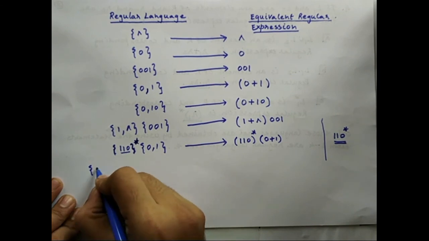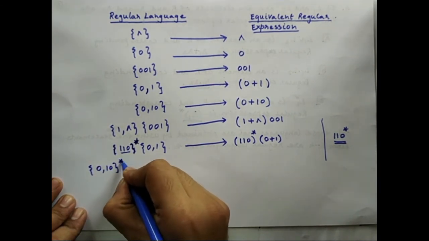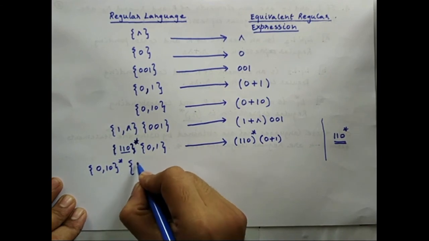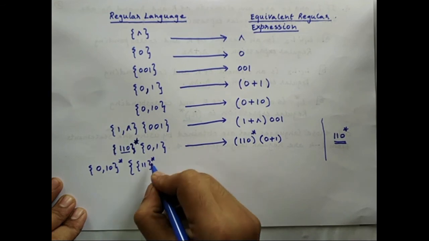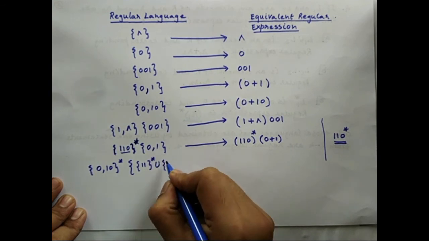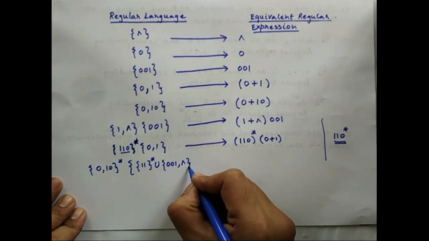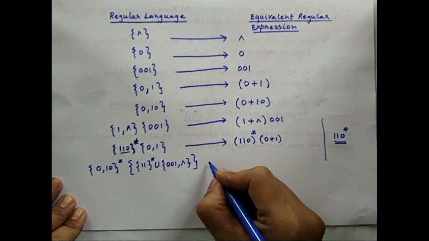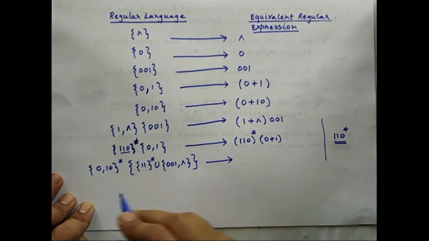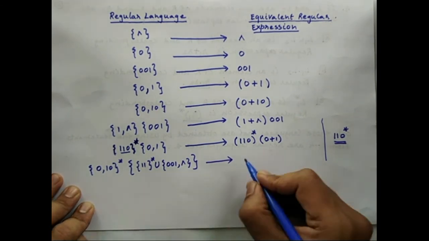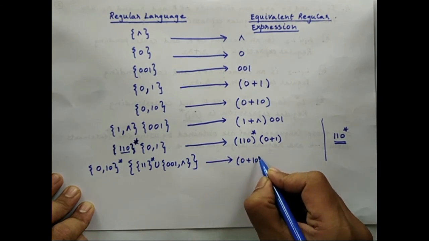Yes. Now the last example. Suppose the regular language given to us is {0, 10}* followed by {11}* union {0, 001, null}. Then what will be the corresponding regular expression? Here this will be written as (0 + 10) the whole star.